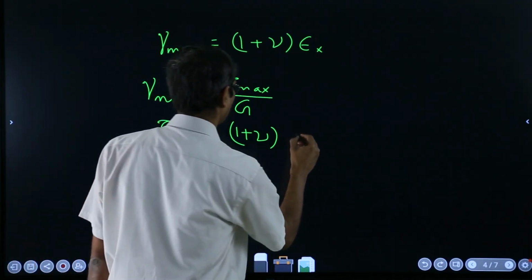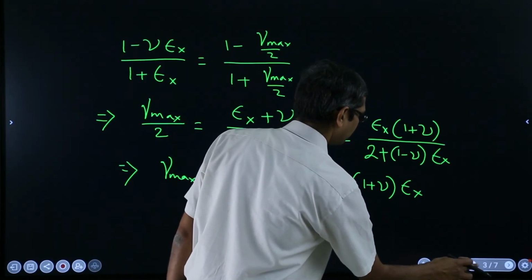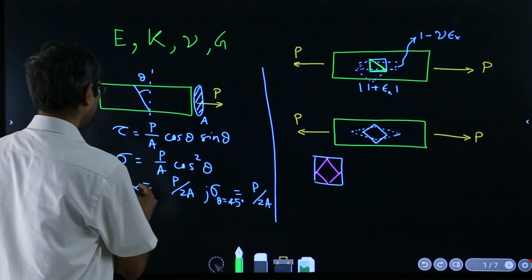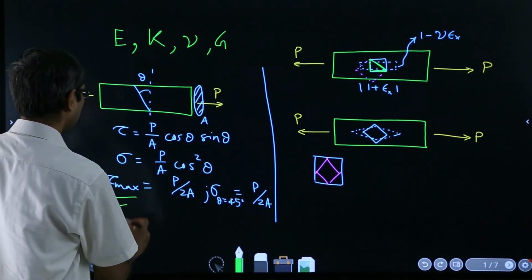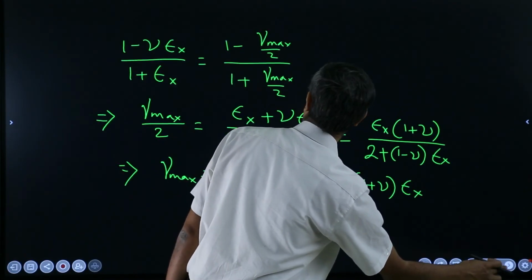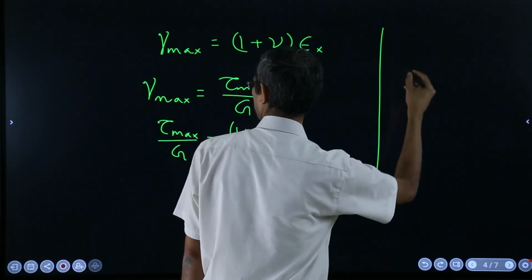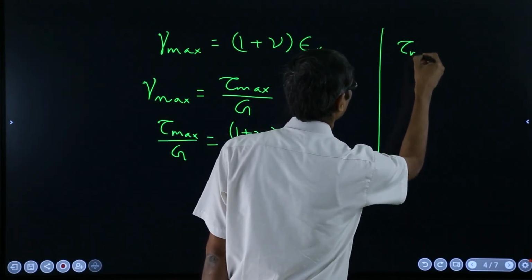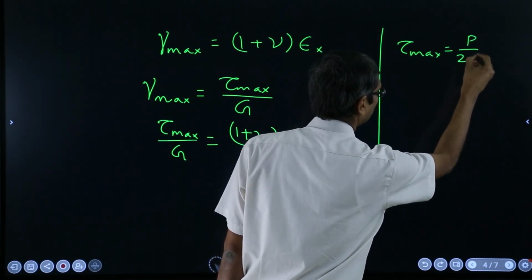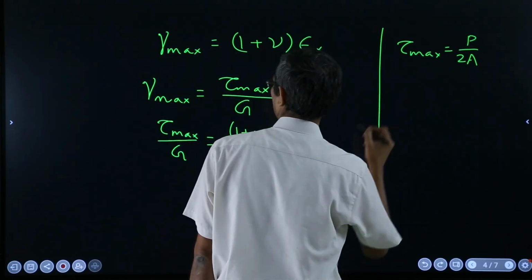Okay, I'll write epsilon x. But you see here, I think in the previous slide, yeah, tau max is P over 2A. So here tau max is P over 2A, if A is the area of cross section.